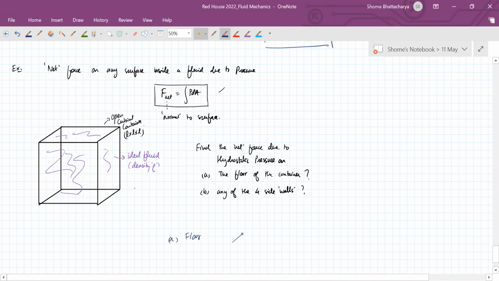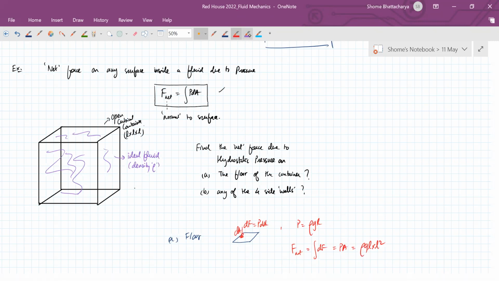So for the first part, you can see that if we consider the floor, we don't have to do any integration because the pressure is uniform. So you consider any small area, the normal force acting on it will be that uniform pressure into area, where that uniform hydrostatic pressure is rho GL. So the net force will just become pressure into area for this surface.